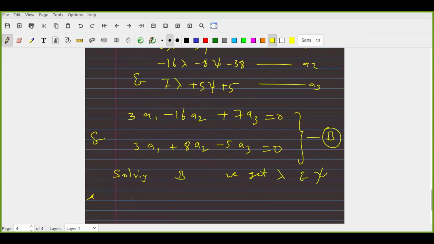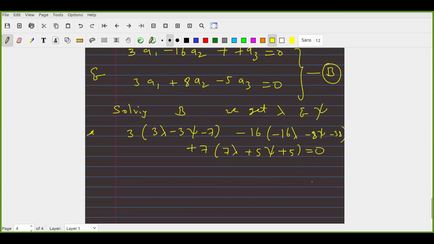That is, 3 times (3 lambda minus 3 psi minus 7), minus 16 times (minus 16 lambda minus 8 psi minus 38), plus 7 times (7 lambda plus 5 psi plus 5) equal to 0.